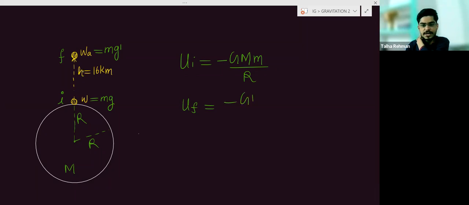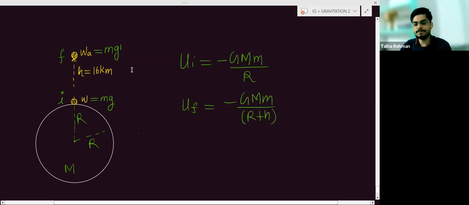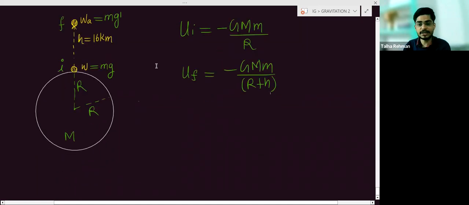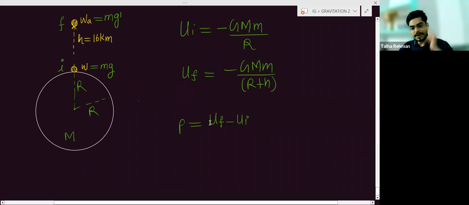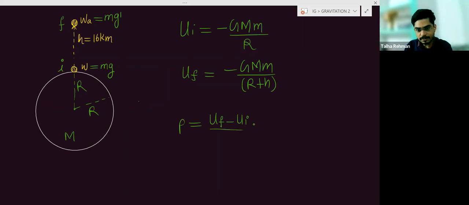So the final potential energy will be minus GMm divided by r plus h, and you have to find the percentage change in the potential energy. Whenever you are calculating percentage change, you write final minus initial, divided by initial, multiplied by 100.